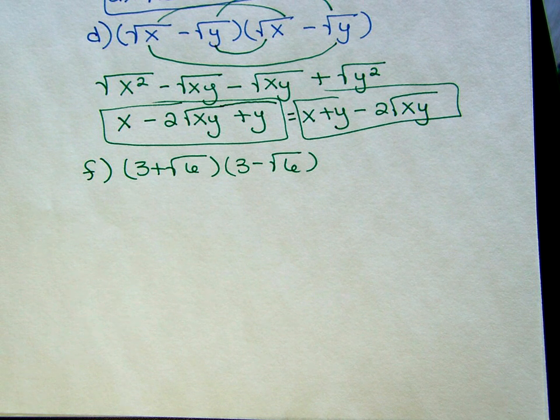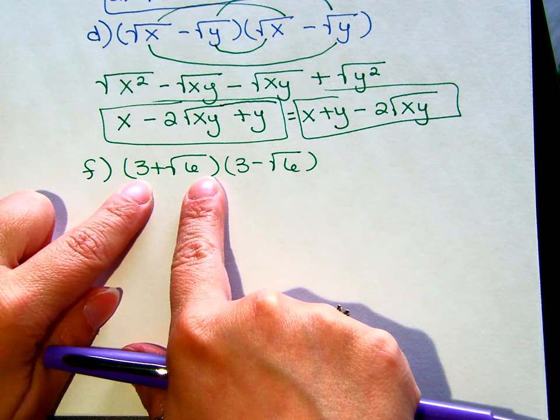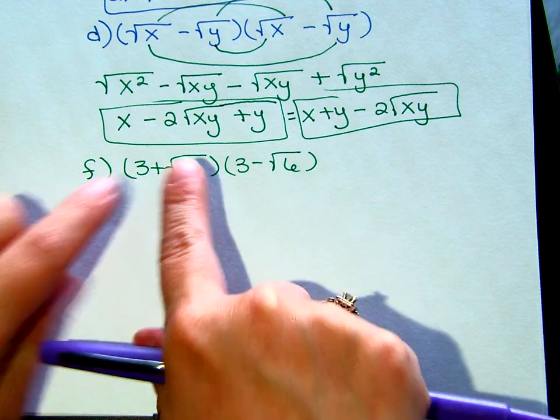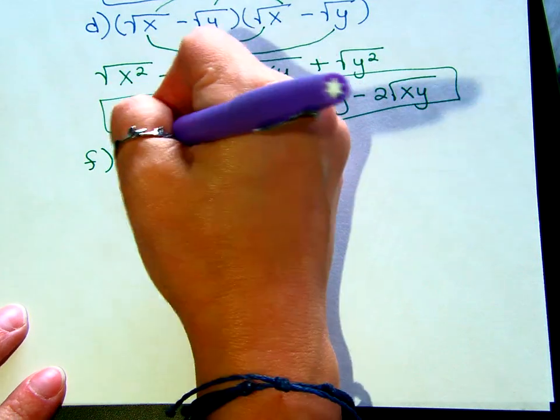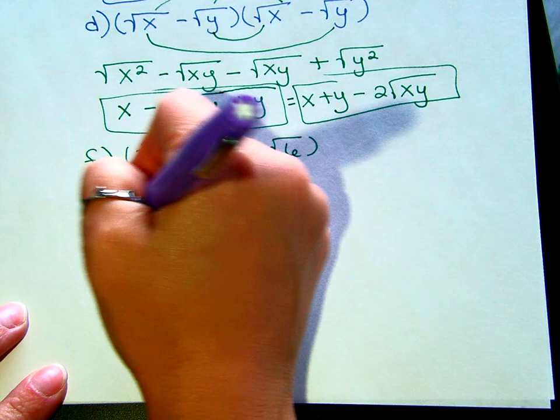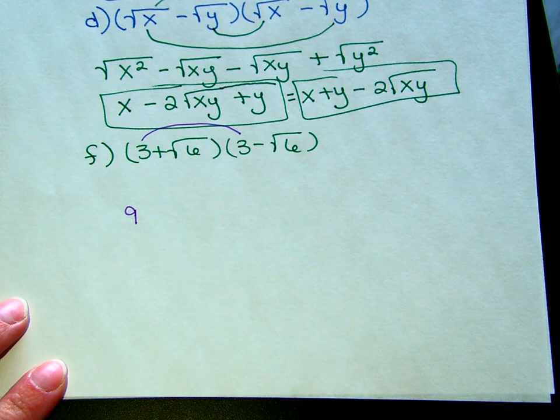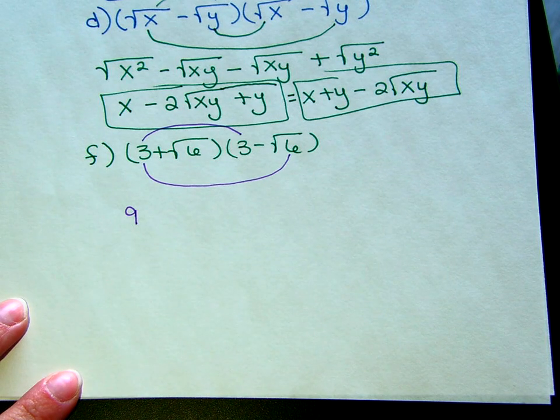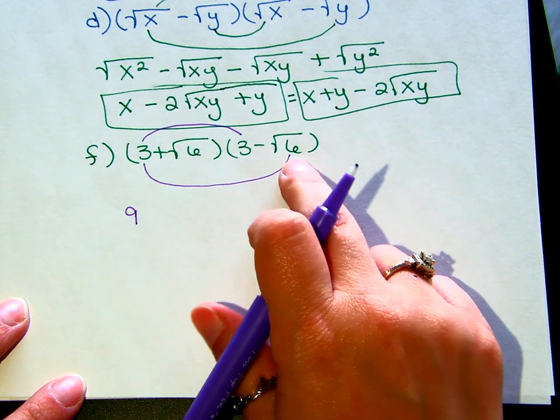So again, I can't combine what's in here. I have a whole and I have a radical, so I can't do anything with it. So I'm just going to be foiling. So I take my first, which is 3 times 3, which is 9. I take my outer, which is 3 times a negative radical 6. Now here's where we are going to be careful. I'm not going to get a radical 18.